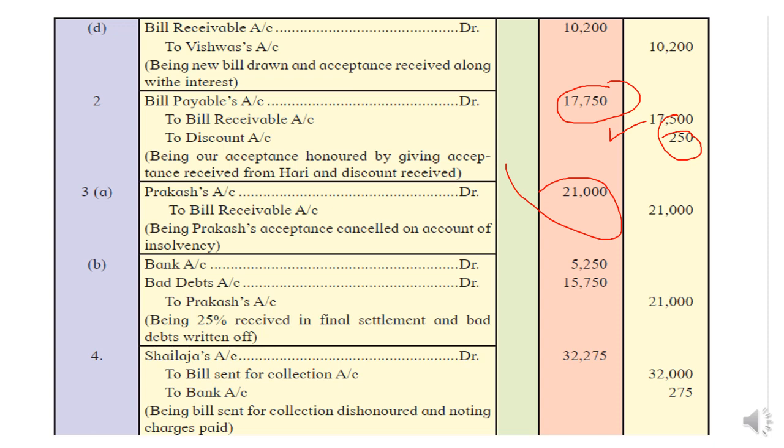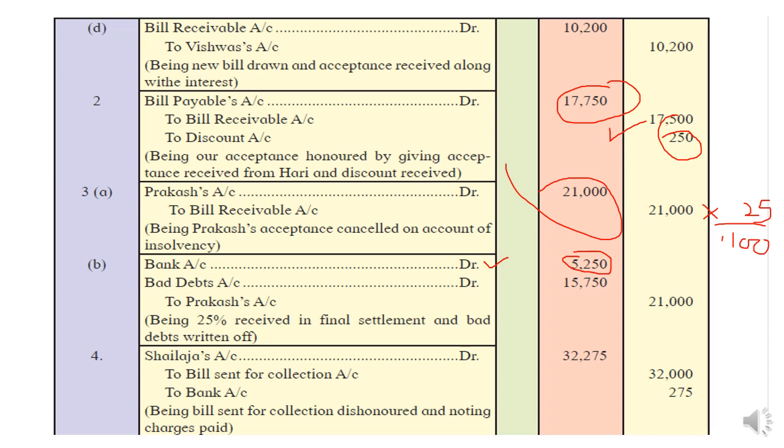How will you calculate it? 21,000 into 25 upon 100, you will write, student. So 25% of your bill amount will be calculated as 5,250. So this much amount is recovered by Mayur from Prakash's property.